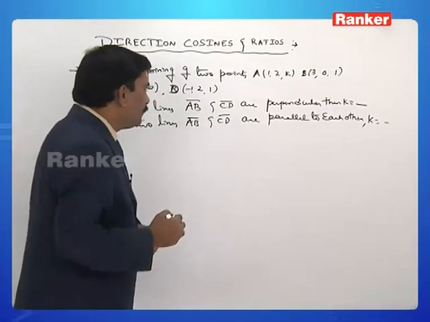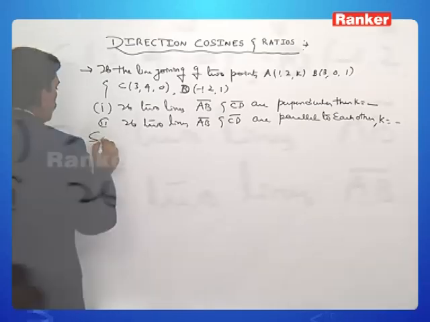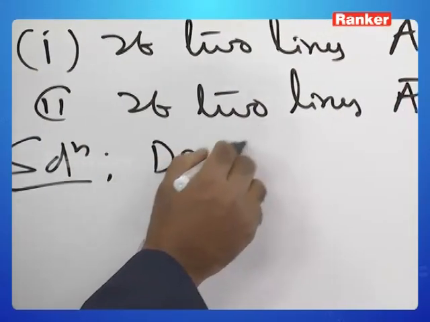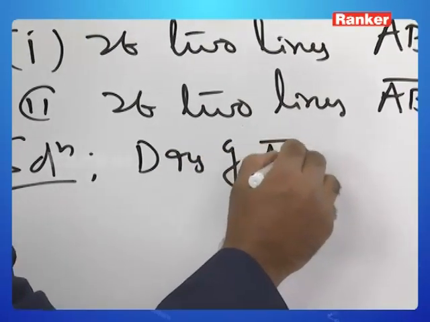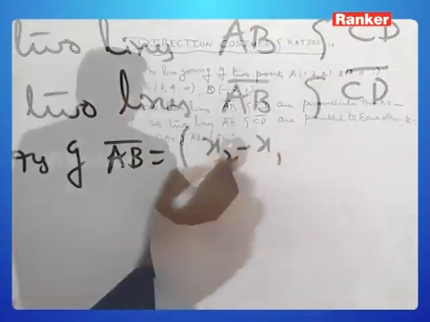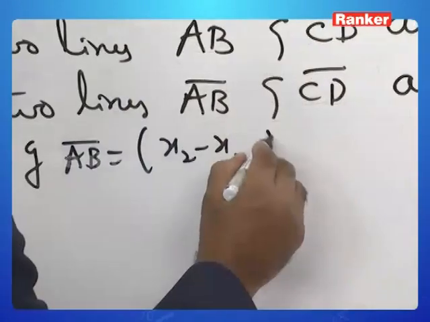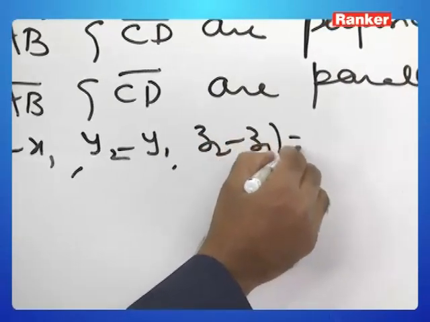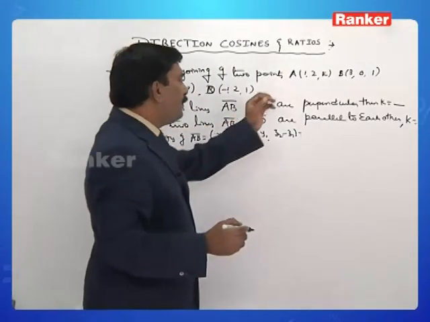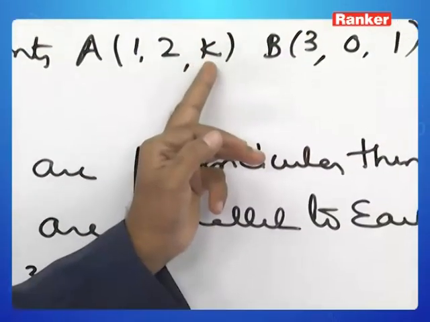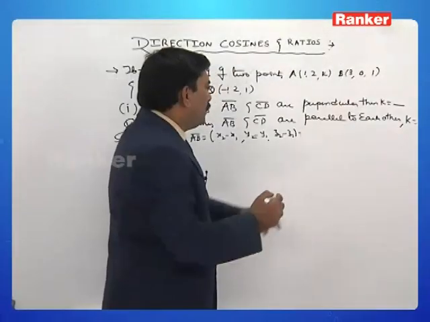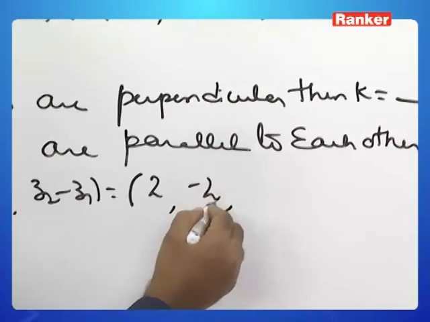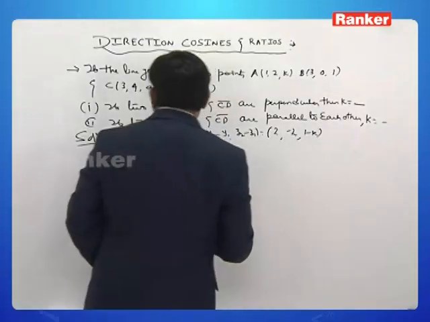Let us see the solution. Let us find the DRs of line AB bar, given by x2 minus x1, y2 minus y1, z2 minus z1, for the points x1, y1, z1 and x2, y2, z2. So I can write 3 minus 1 is 2, 0 minus 2 is minus 2, and 1 minus k.